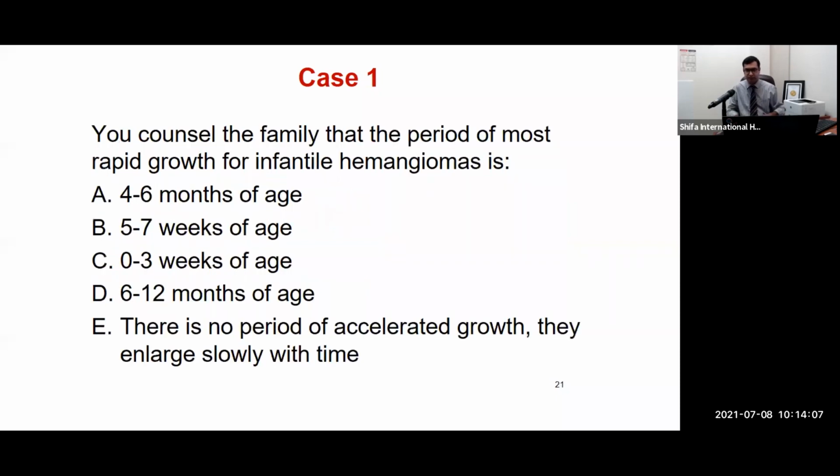So these are the options available when you counsel the family. I will hang on to this slide for a few seconds so you can look at all the options and choose which one is appropriate. So we are talking about the rapid growth phase.